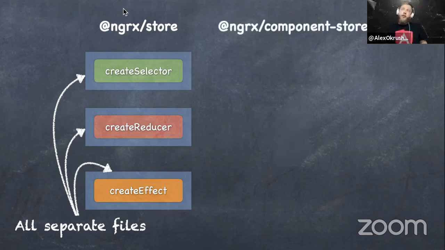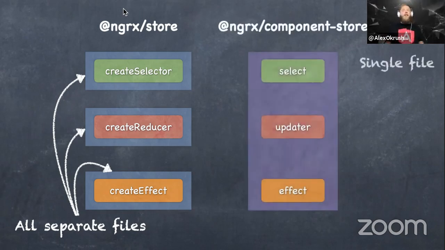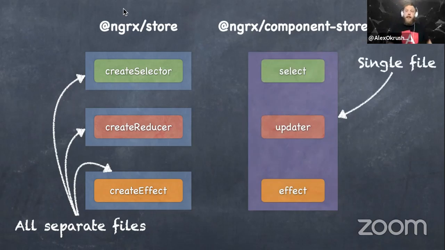Component store, on the other hand, has to have them all in a single file. And this is also very important to have them in a single file because, unlike the NgRx store, the component store owns a specific piece of state, and all the changes and effects that affect that state should be in one place.